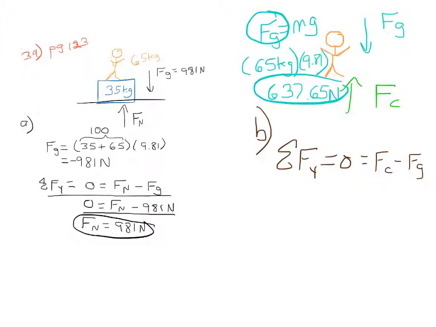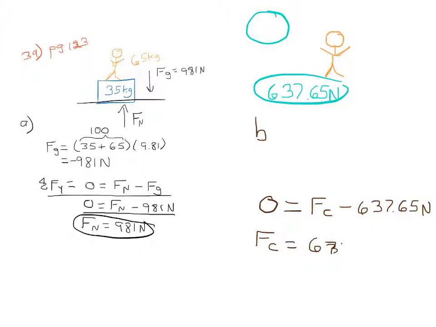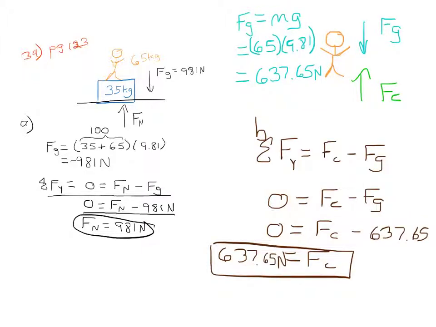So we plug this into our equation and get 0 is equal to the force of the crate minus 637.65 newtons, which means the force of the crate has to equal 637.65 newtons.